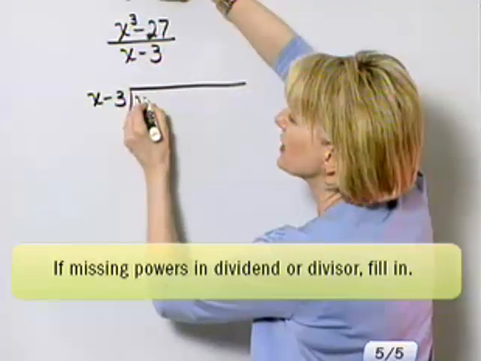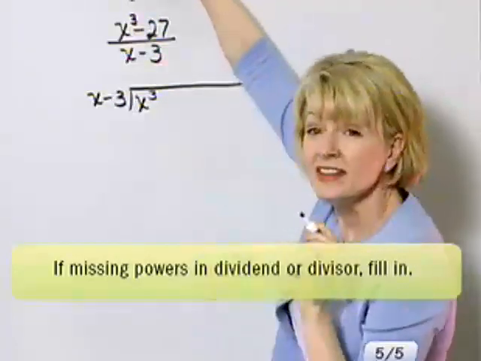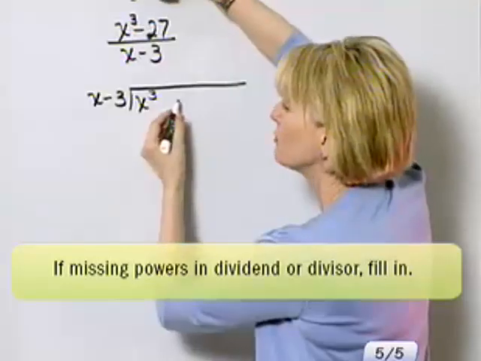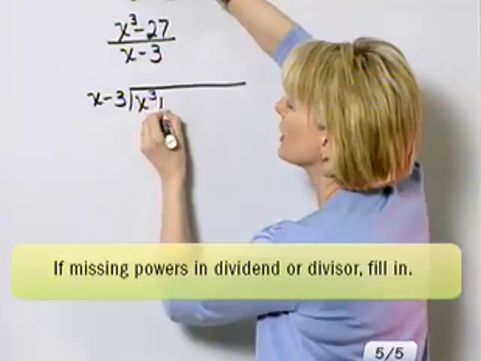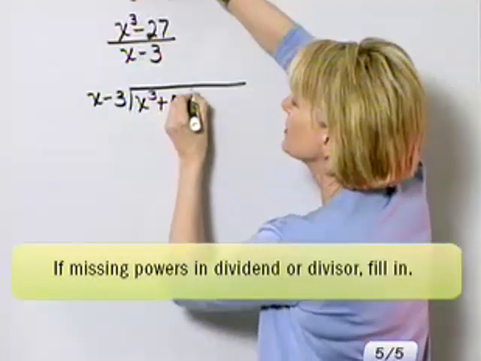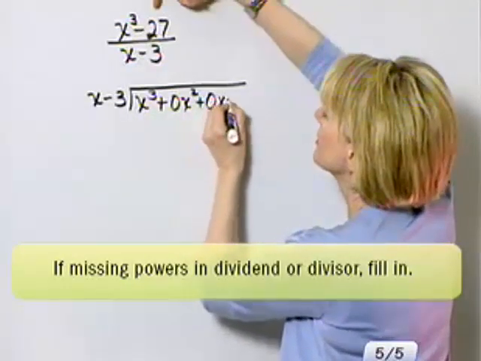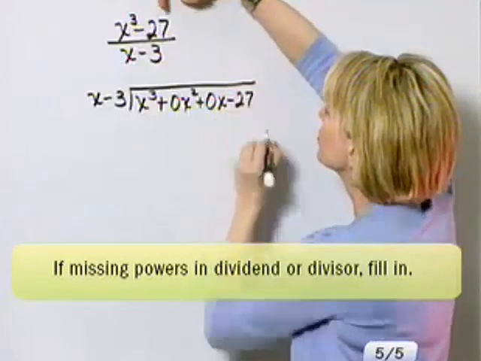In other words, x cubed. The next power, if I decrease each time by 1, would be x squared. So I'll write 0x squared plus 0x minus 27.